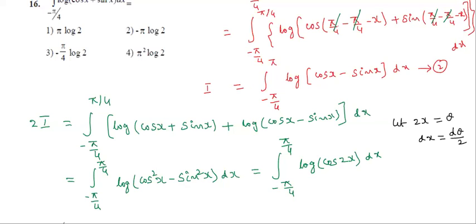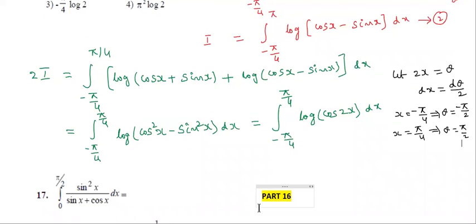Now change the limits. If x is equal to minus pi by 4, then theta is minus pi by 2. If x is equal to plus pi by 4, then theta is pi by 2. Those values substitute.